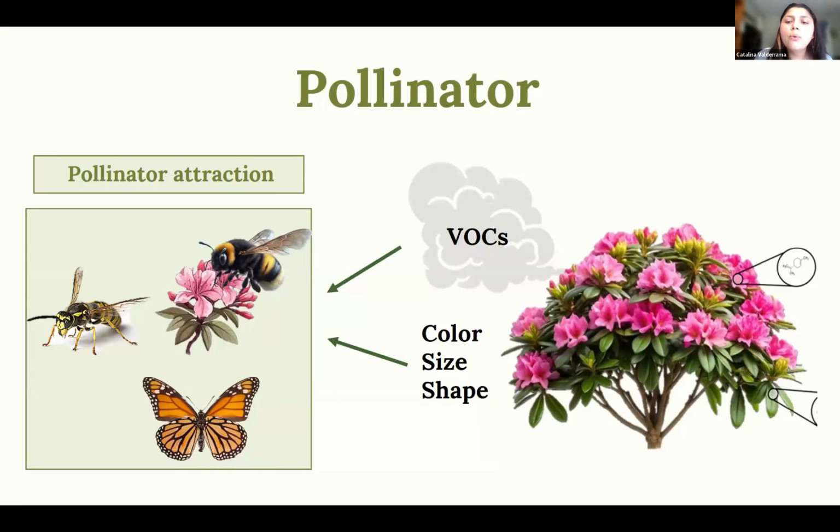We are wondering what is attracting those pollinators, whether it's more the VOCs or the different traits that the flowers might have, like color or the pigments that the other team of lab mates are working on. It might be the size, it might be the shape, or other associations that might be driving pollinator attraction to the plants.